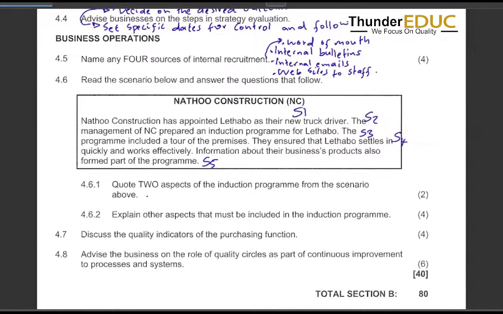This is going to be sentence 3, but remember you write it in full, saying that there was a tour included in the business. Another one is that the information about their business products also forms part of the program. So sentence 5 should also be included.